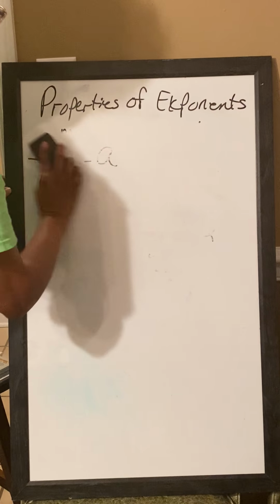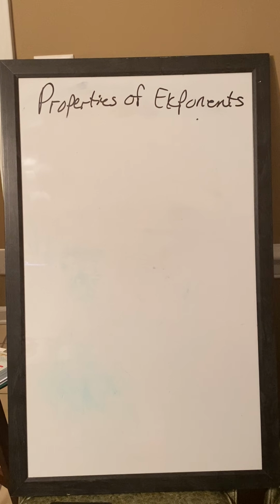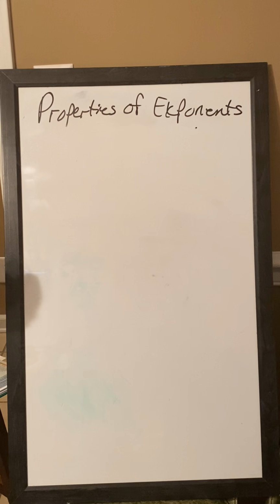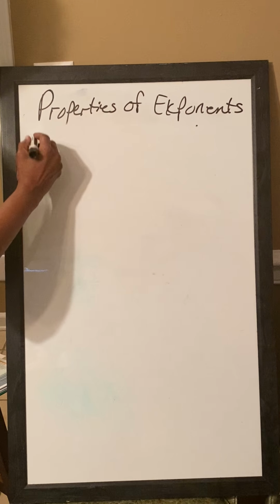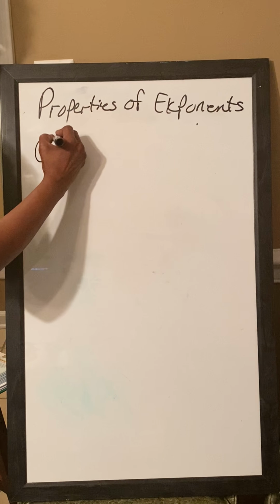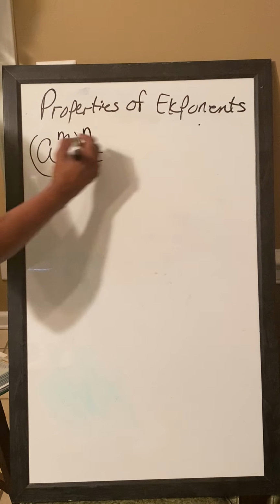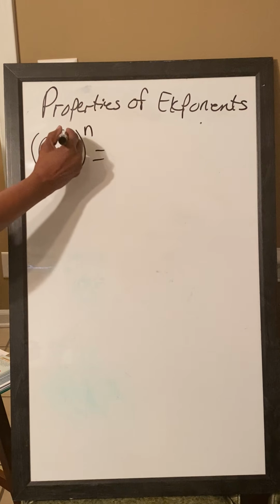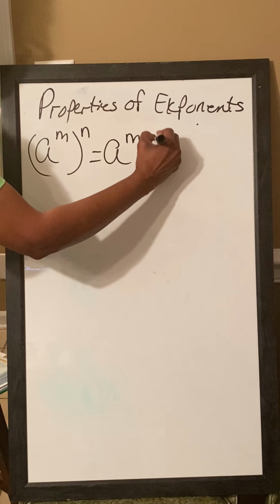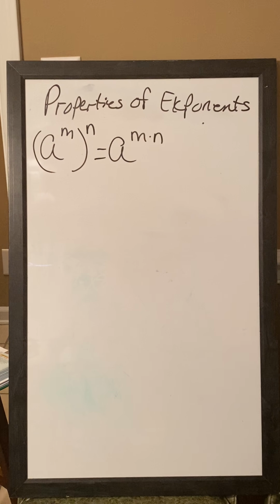And the next property, we're going to raise a power to a power. So if I had a raised to the m and take that and raise it to the n, I'm going to multiply the exponents. A power raised to a power, you multiply the exponents.